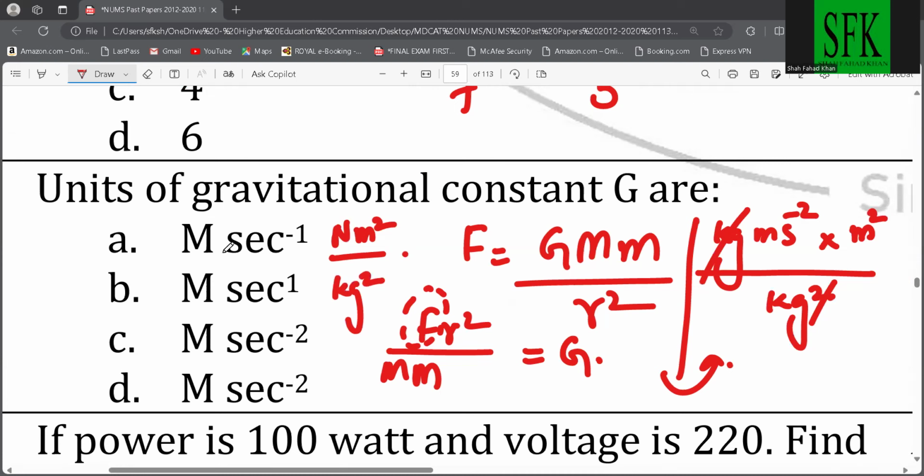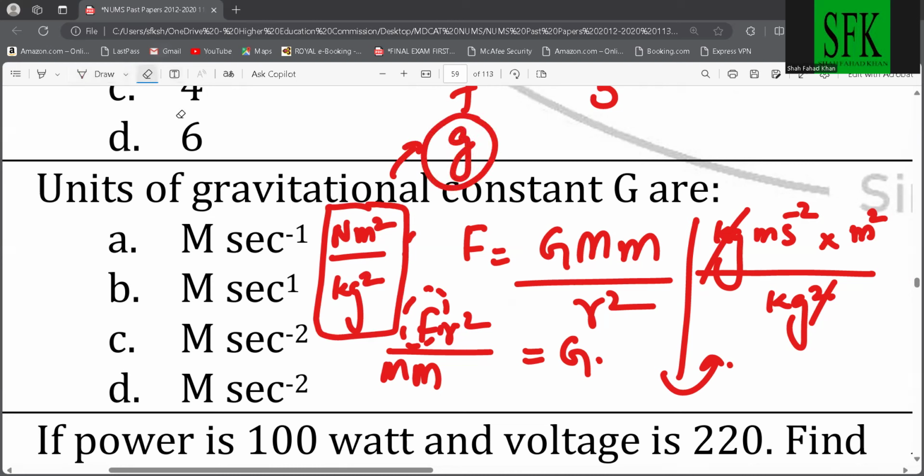But they're asking about... well, the units that are given right here, none of them match with the actual units, Newton meter squared per kg squared. So that means they are not asking about the gravitational constant, rather I think they are asking about the small g, the gravitational field strength, which is newtons per kg.